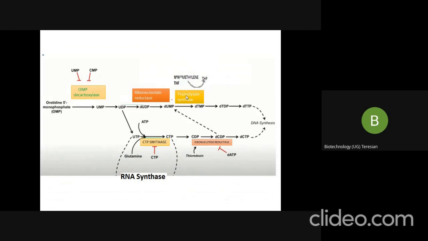So it acts on the folic acid, and thus thymidylate synthase is inhibited. We will not go much into these topics, we'll just deal with general biochemistry, but it is a point to remember.